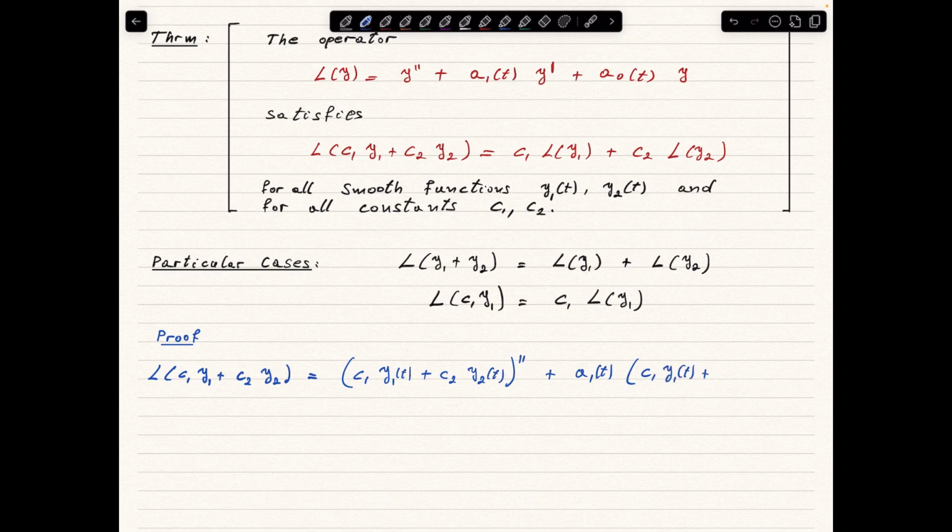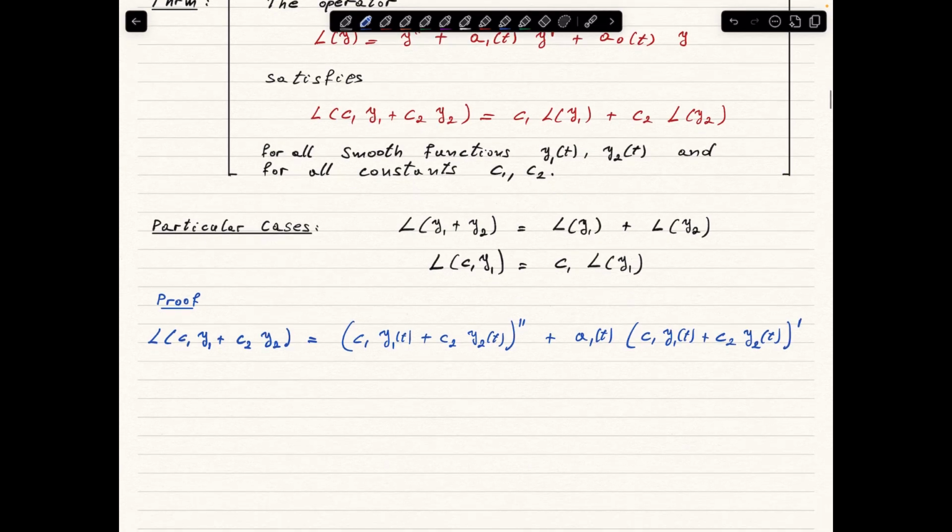I'm not going to write function of time anymore because it's taking a lot of time. And then the last thing we need to do is multiply by a0, which is also a function of time, the original function, which is c1 y1 of t plus c2 y2 of t.